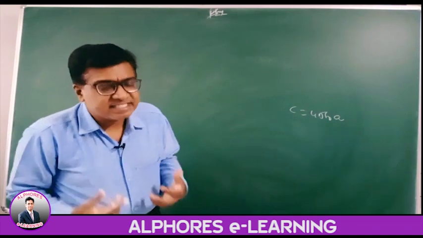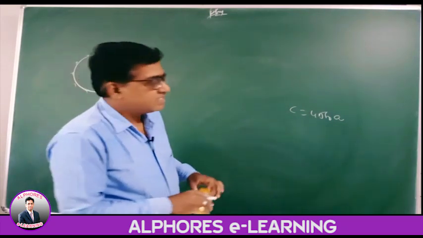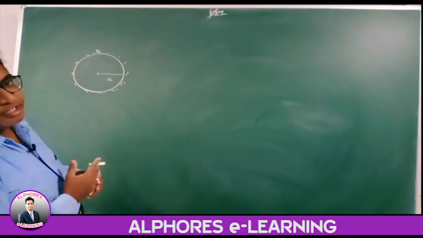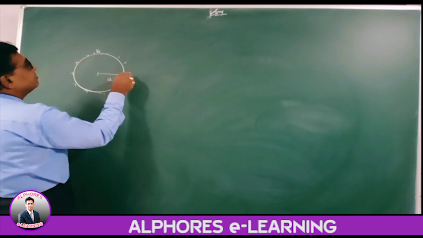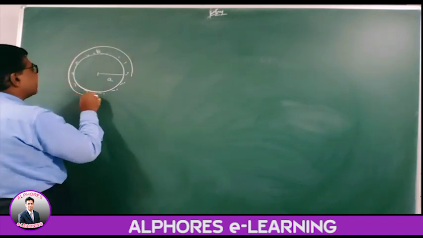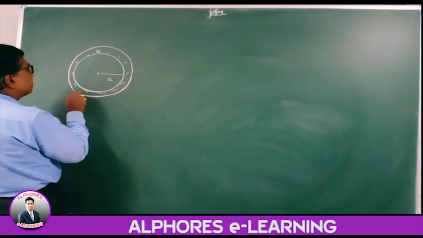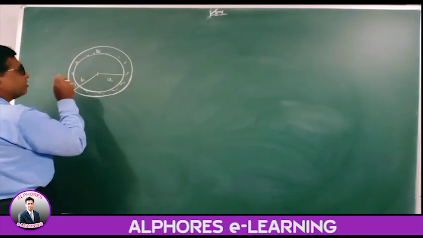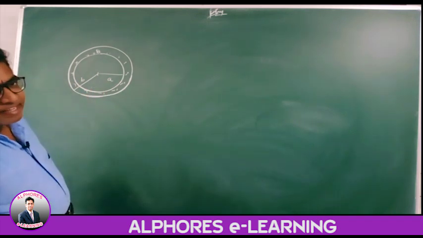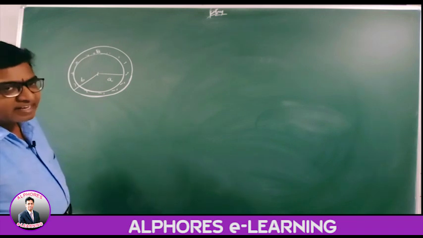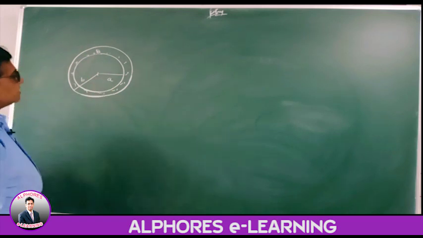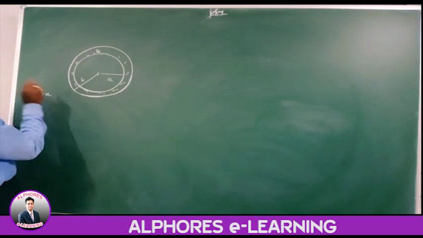But if I have to increase its capacity without changing its size, then place a conducting spherical shell, a neutral conducting spherical shell, very close to it and concentric with it, of radius small b, such that b is greater than a.